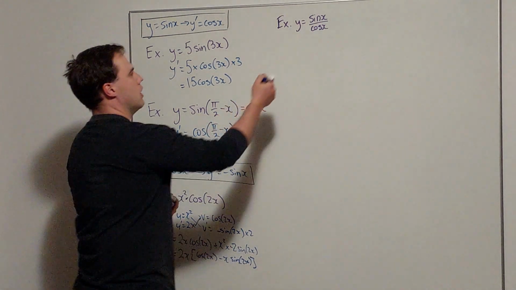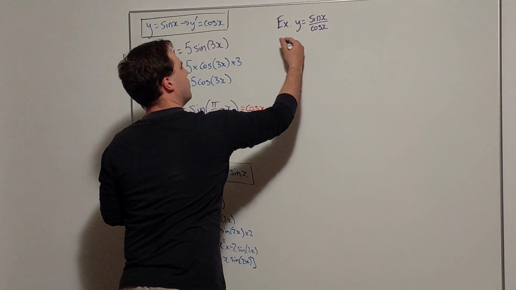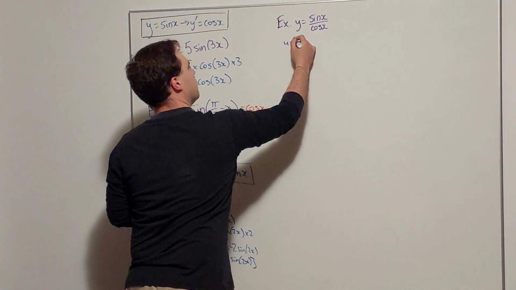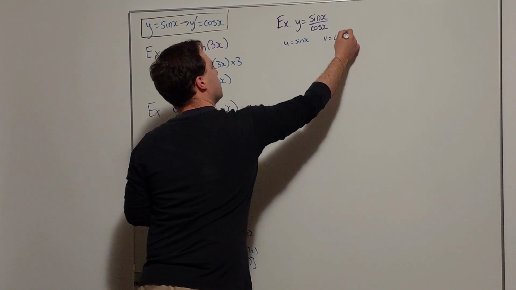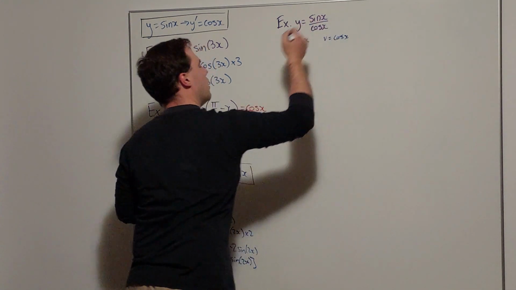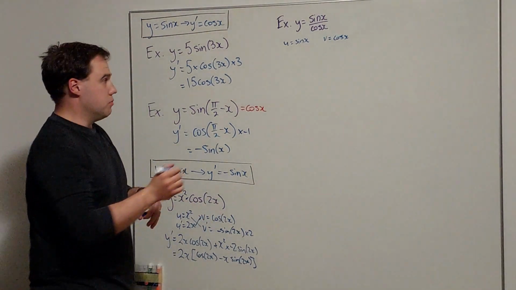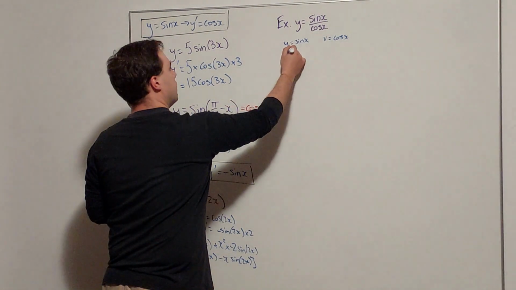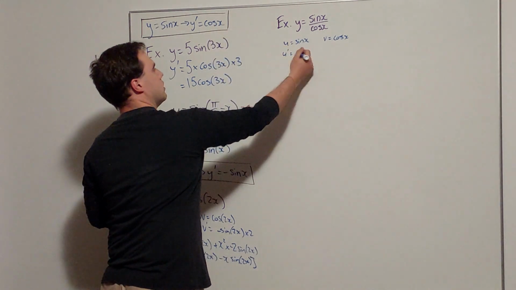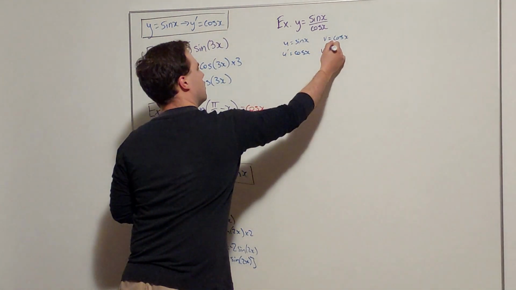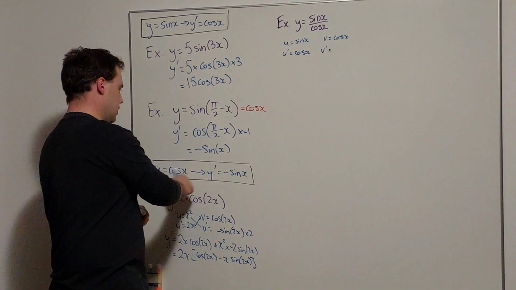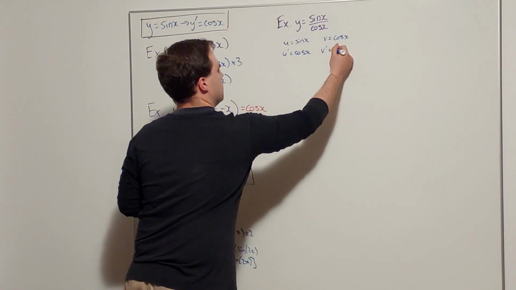So in the numerator we've got u is sine x, and the denominator v equals cos x. So our little mini differentiation problems, we'll do the derivative of sine x is cos x, and the derivative of cos x is negative sine x.